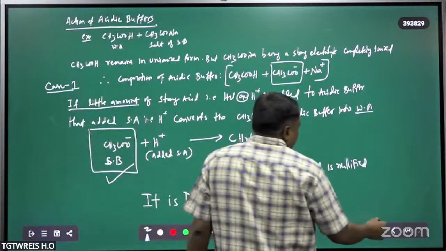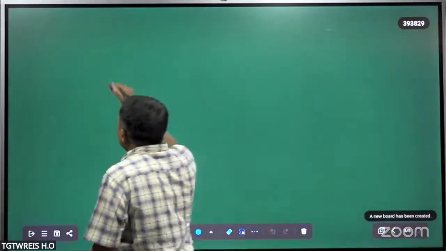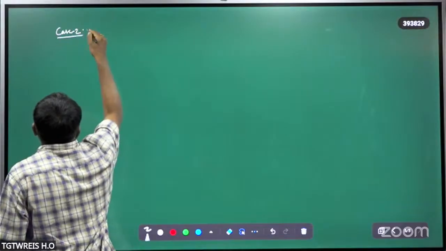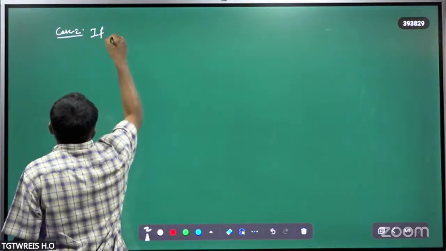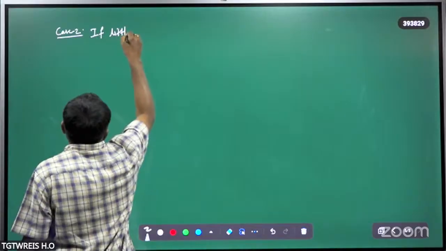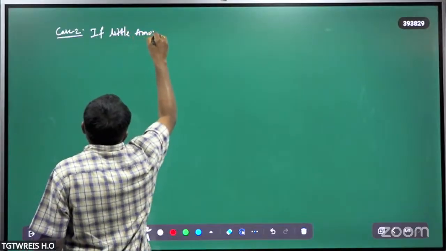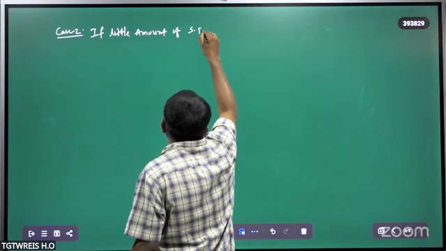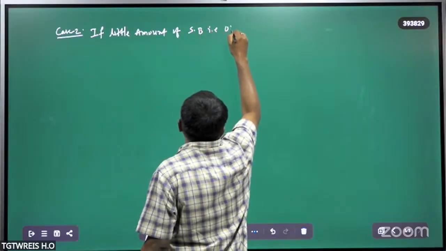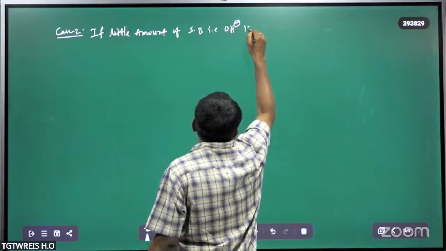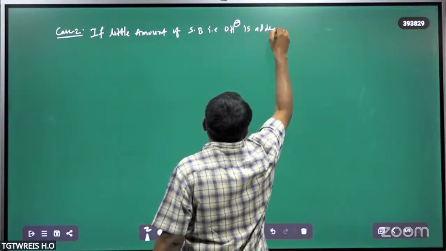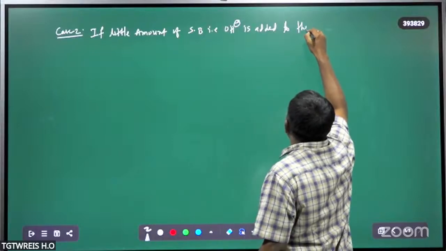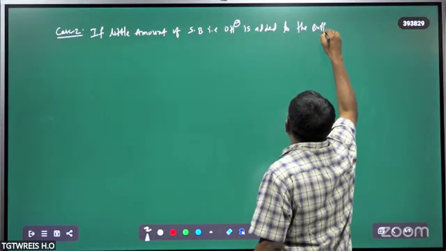Suppose, in case 2, a little amount of strong base, that is OH minus, is added to the buffer solution.